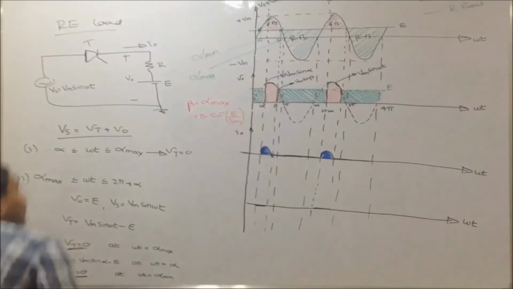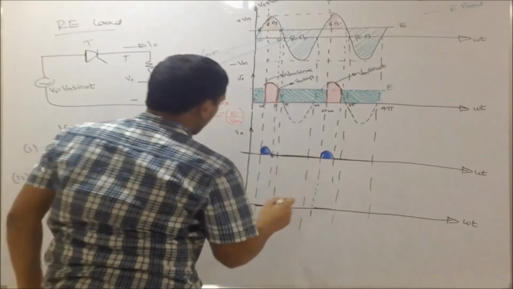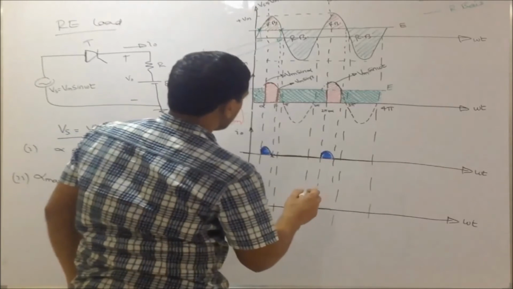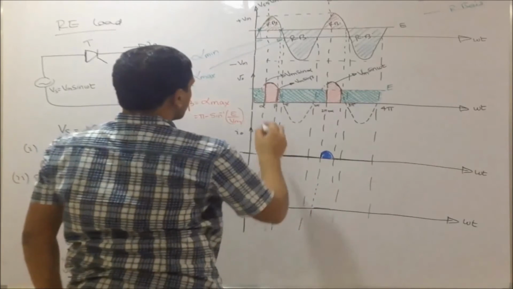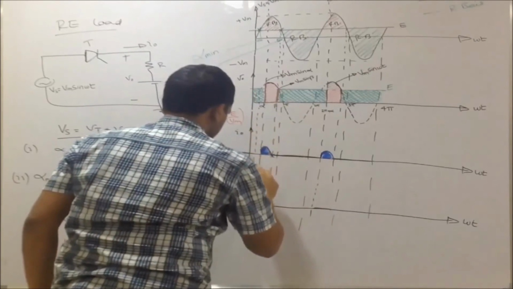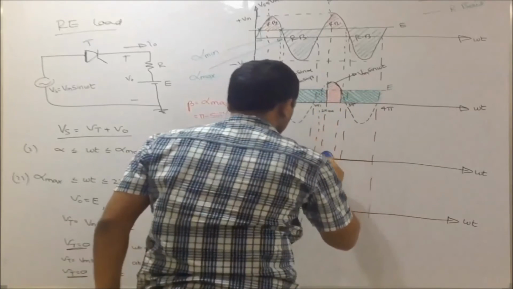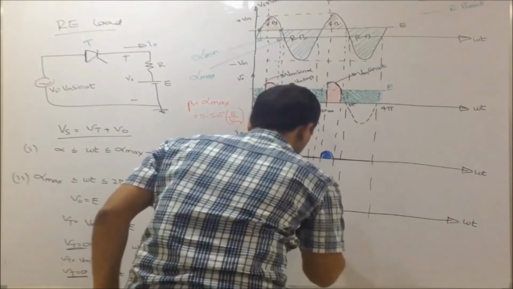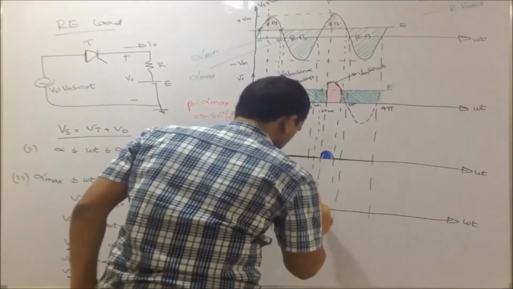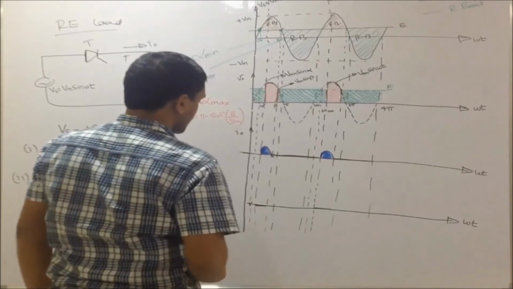Now Vt is 0 at alpha min. Alpha min is this point. At this point, the voltage across the thyristor is 0.